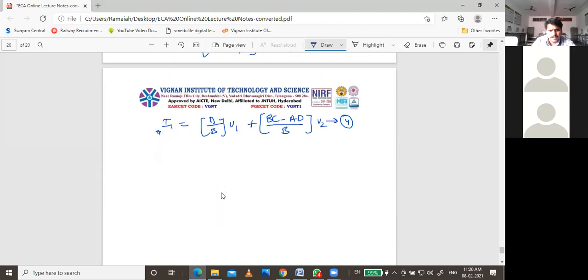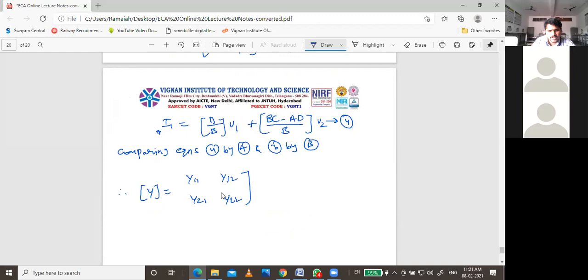So comparing equation 4 with equation A and equation 3 with equation B, we get our Y parameters in terms of ABCD parameters. So Y11, Y12, Y21, and Y22 values we can get.